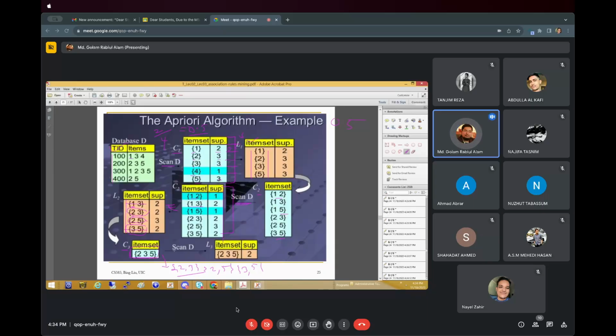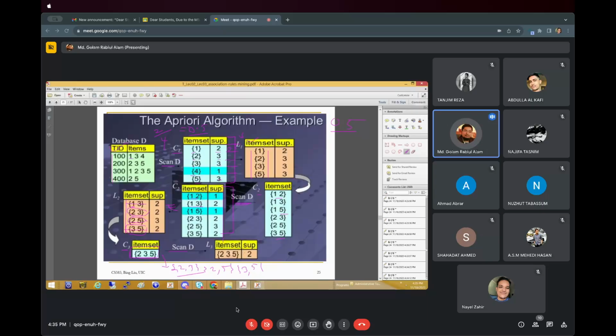Then again we have to scan the data set and find out the frequency, the support count, and the support. Based on that, we again check the minimum support, and we can see it passed the minimum support threshold.